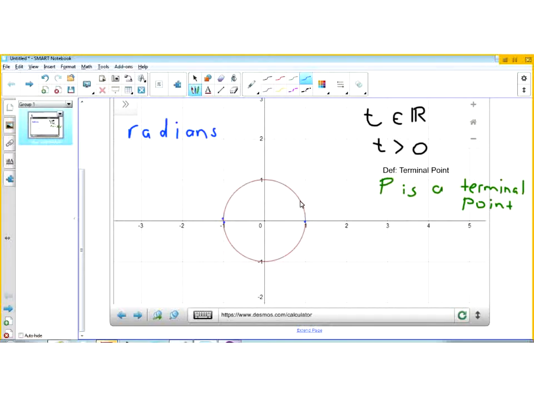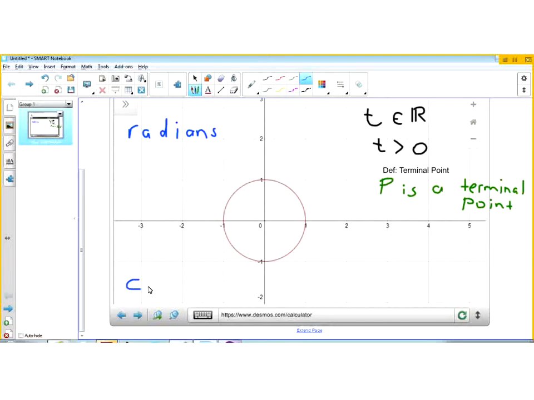So if I advance 180 degrees along the perimeter of the circle, in other words, halfway through the perimeter of the circle, I will have traversed pi radians, because the circumference of the circle is 2 pi radians. 2 pi r. Remember the formula for the circumference of a circle?